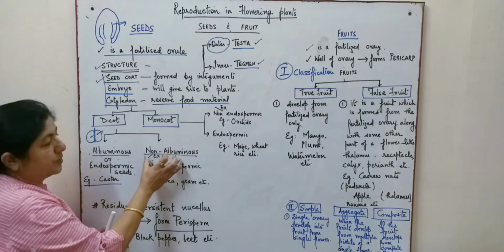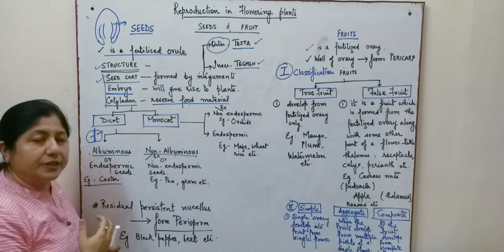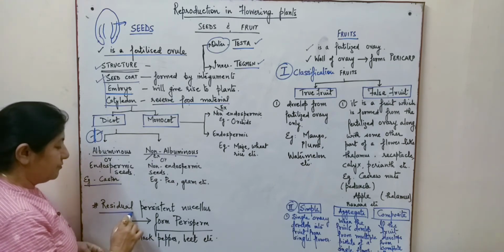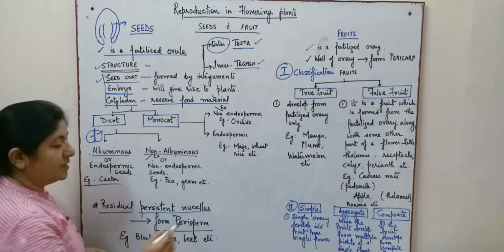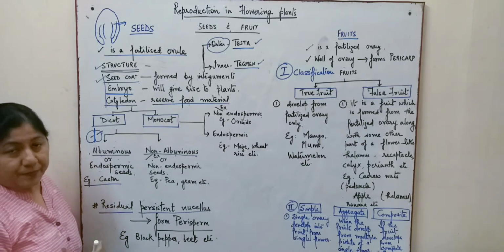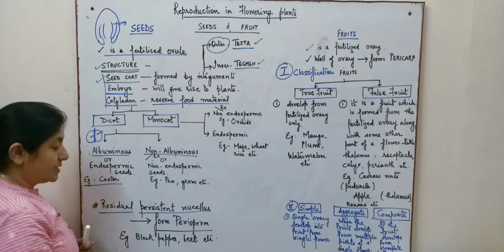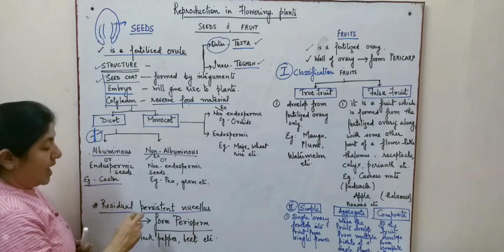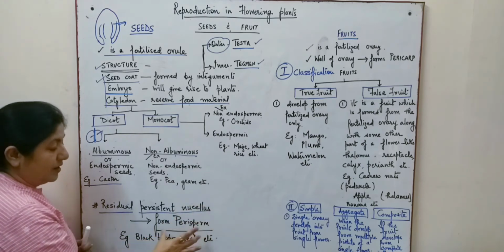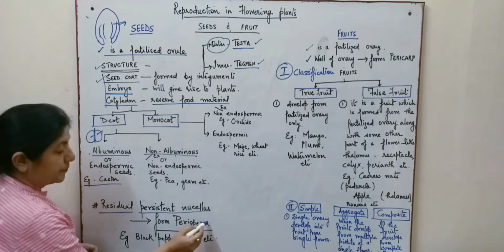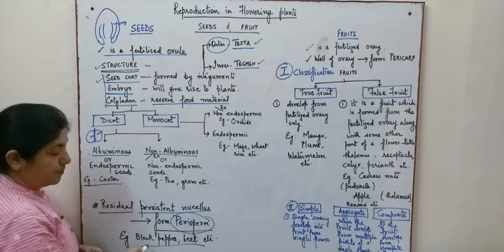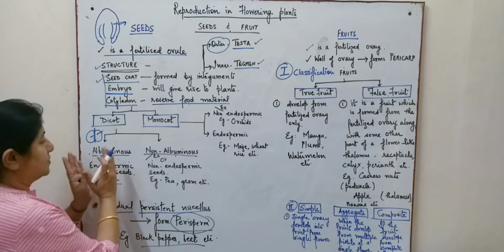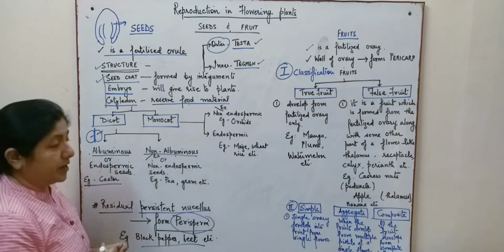However, sometimes in some of the seeds the nucellus still remains, and thus those seeds have a residual persistent nucellus, which forms the perisperm. Such seeds, for example, black pepper. So these are the various types of dicot seeds, which we are classifying as albuminous and non-albuminous.